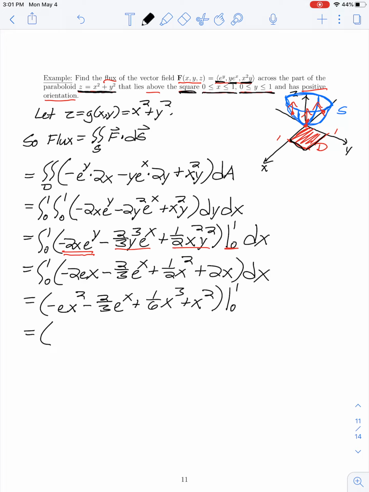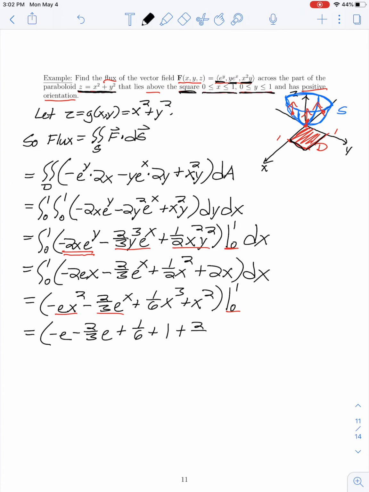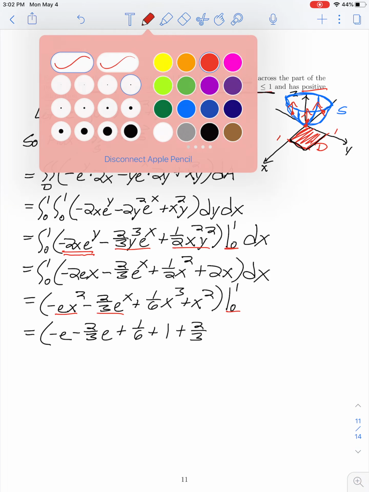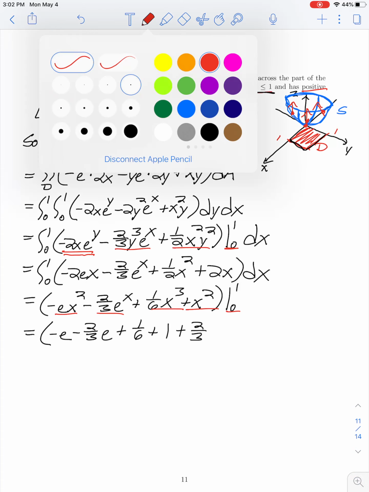So when we plug in 1 for x, we have negative e minus 2/3 e plus 1/6 plus 1. And then we subtract what we get when we plug in 0 for x. So plugging in 0 for x, well, this first term is 0. Our second term is negative 2/3. So subtracting that, we have a positive 2/3. And then our last two terms, if x is 0, are both 0.